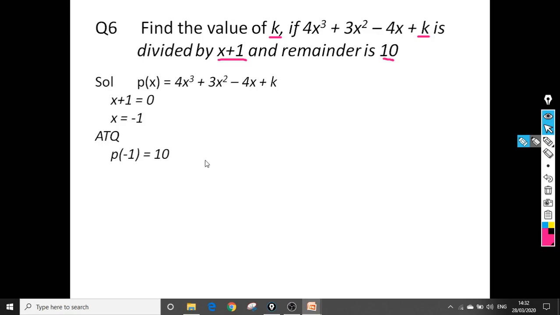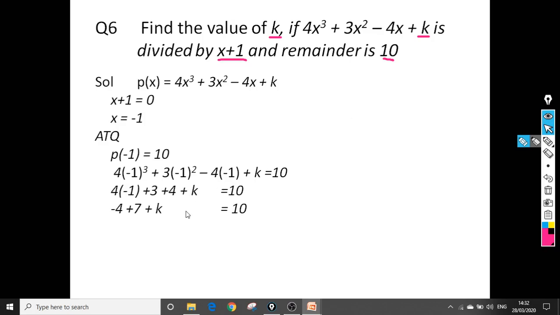So we'll substitute the value of x as minus 1 in the given polynomial, and that will be equated to 10 because the remainder is given as 10 in the question. By solving this, you get the value of k as 10 minus 3, and the value of k is equal to 7.